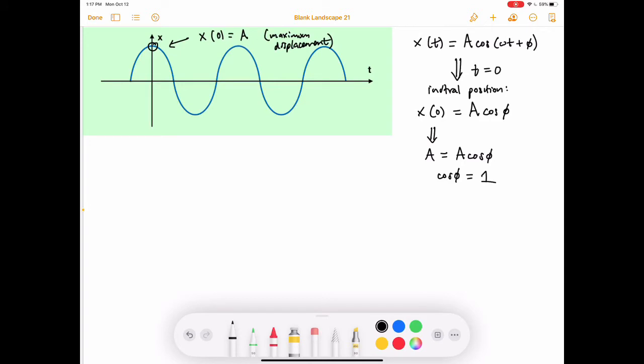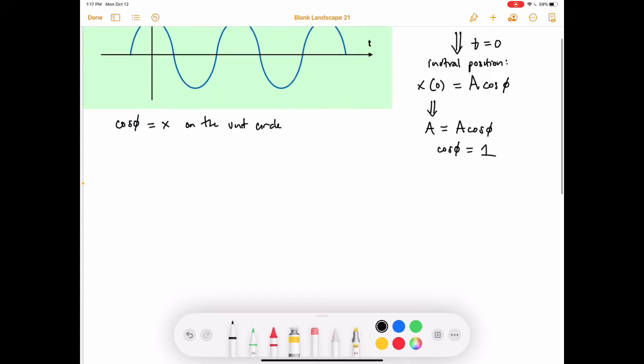So to figure this out, we can go to the unit circle, and we'll recall that cosine of an angle is equal to x on the unit circle. So let's draw the unit circle with the x and the y axes like so. And the radius of this circle is 1, by the way.